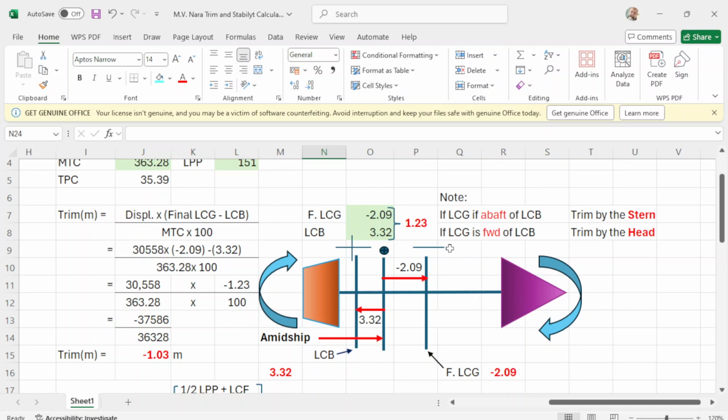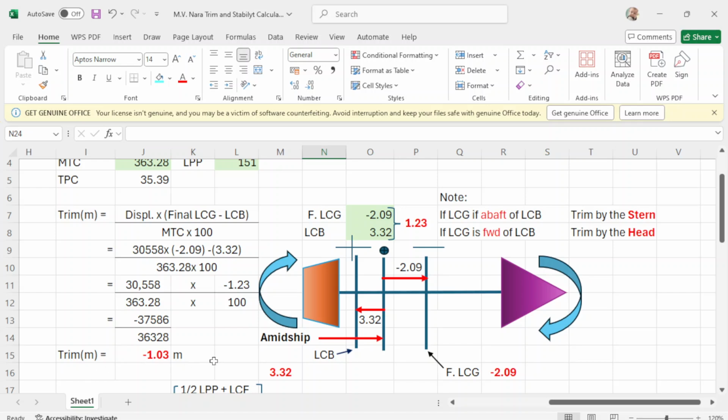If LCG is forward of LCB, then you are trimmed by the head, because the weight pushes the vessel forward to sink, while the buoyancy pushes the aft part upward.